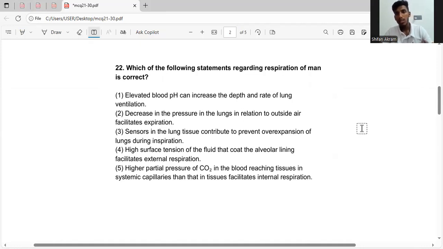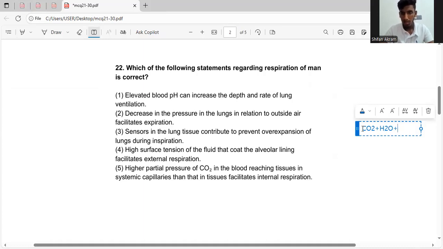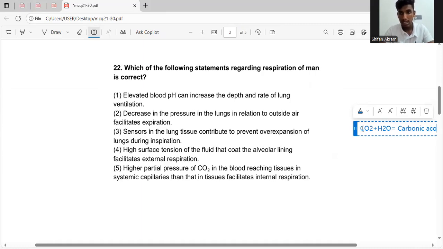When the CO2 starts building up in the blood, it reacts with water, H2O, to form carbonic acid. Sorry, I said bicarbonate earlier, but it is carbonic acid.